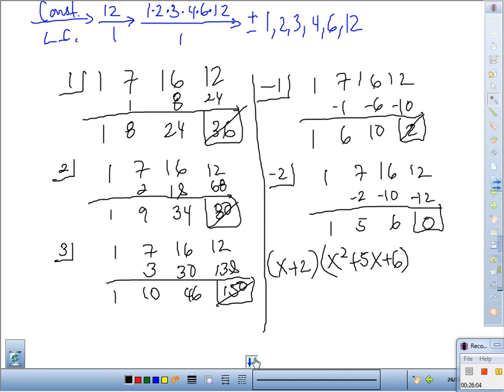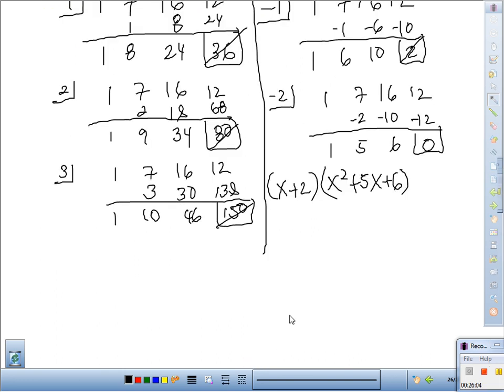Tell your neighbor what the next step is, please. Like Victor said, factor with Power Rangers. 6, 5. Factors of 6 that add up to 5. 2 and 3. All right, so let me rewrite this. This is x squared.